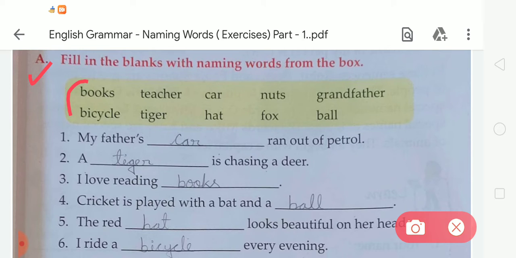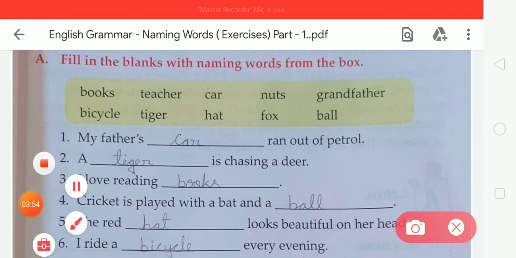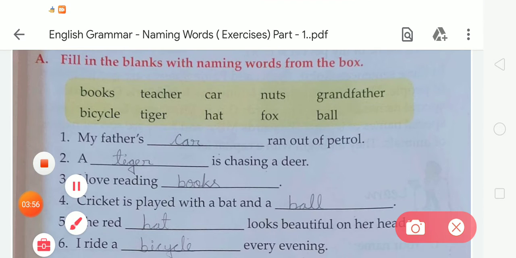We have to choose the correct naming words. So first, in number 1, there is: my father's dash ran out of petrol. What will we write on the given blank? We have to choose the suitable naming word according to this sentence.